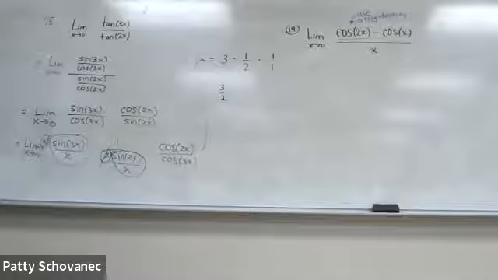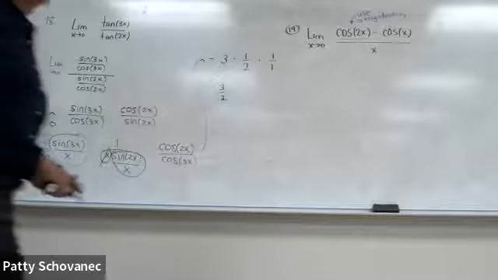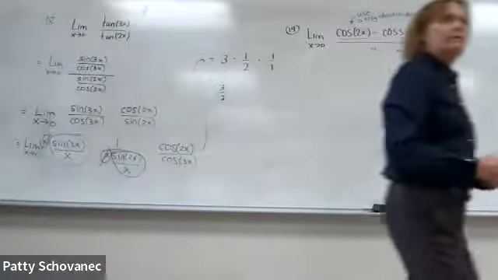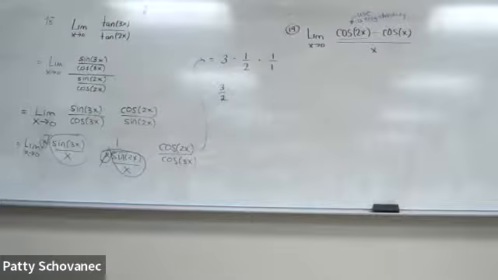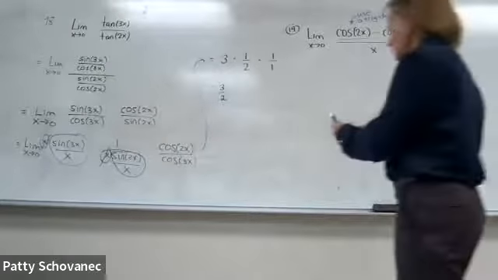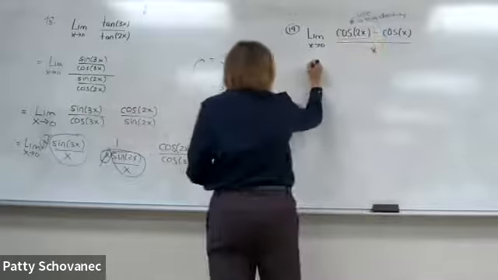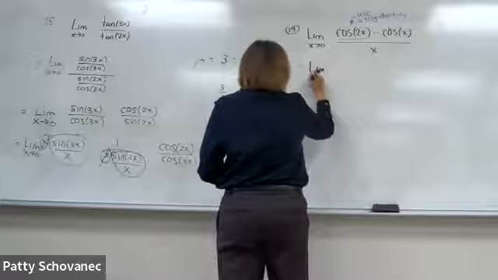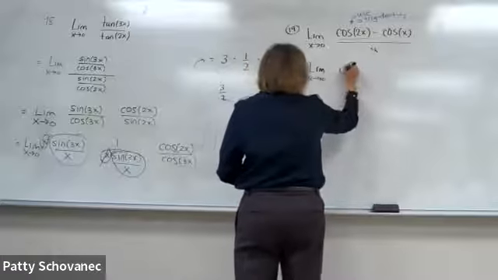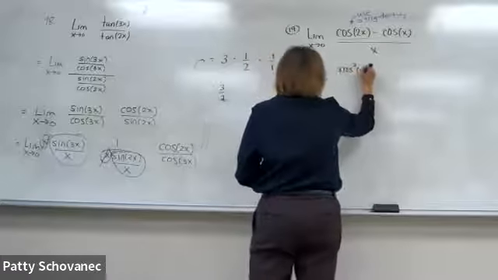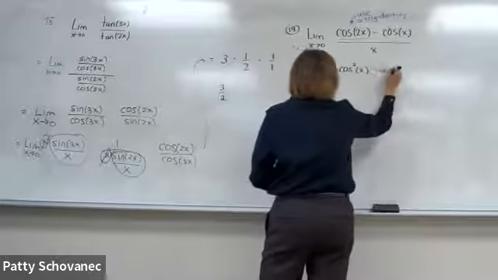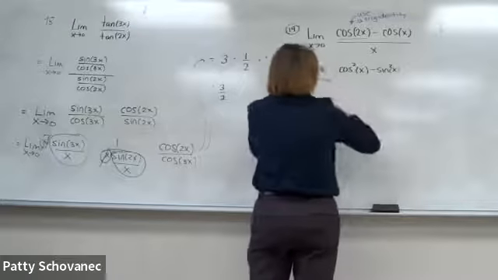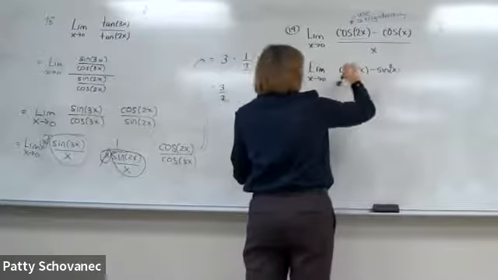The double angle formula for cosine: cosine squared of the single angle minus sine squared of the single angle. So we're going to use that right here. Cosine squared of x minus sine squared of x. So that is the identity that we're going to try.